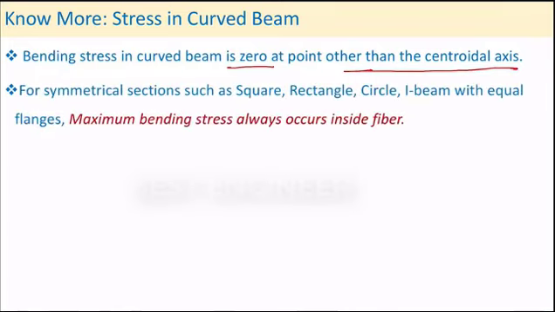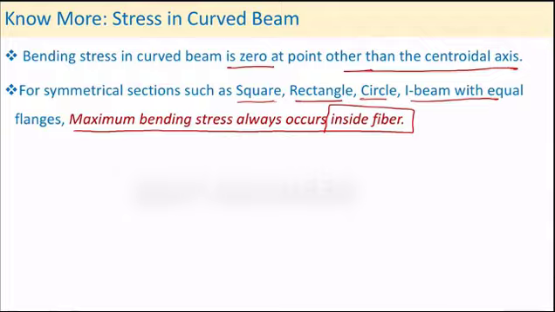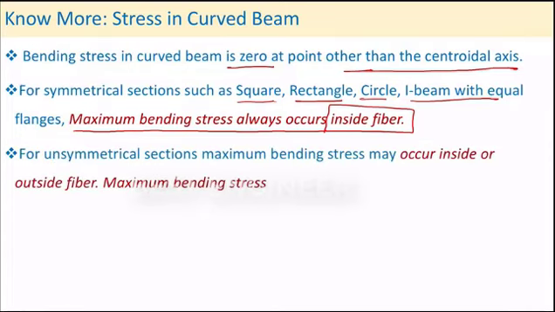For symmetrical sections such as square, rectangle, circle, and I-beam with equal flanges, the maximum bending stress always occurs at the inside fiber. For all these uniform cross sections, the maximum stress lies at the inner fiber. For unsymmetrical sections, the maximum bending stress may occur at the inside fiber or the outside fiber, but it can be calculated.